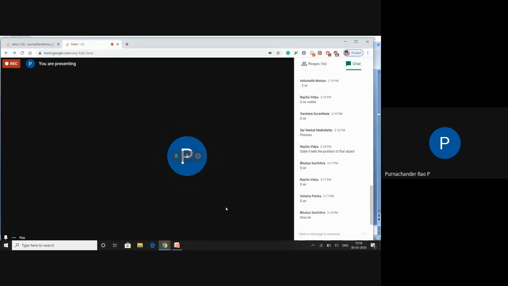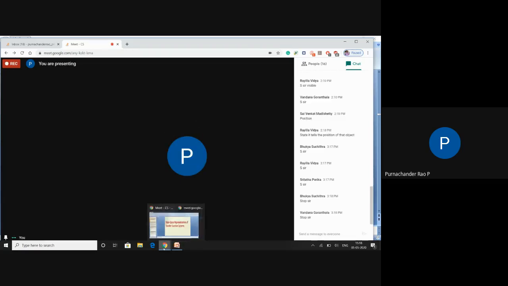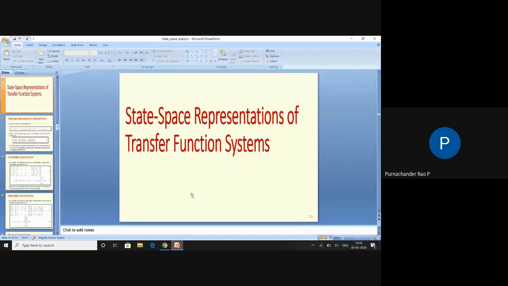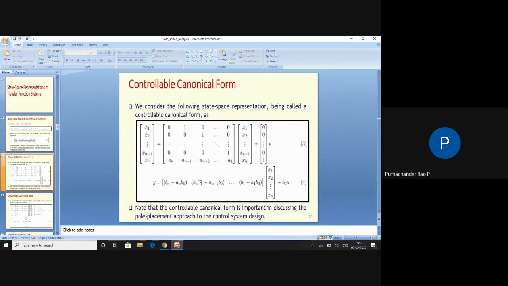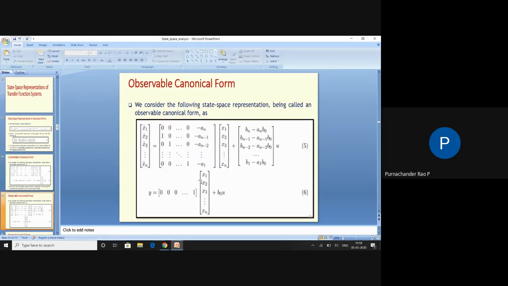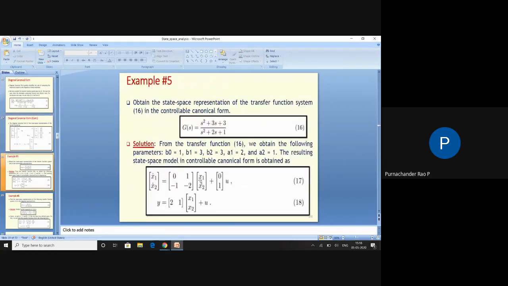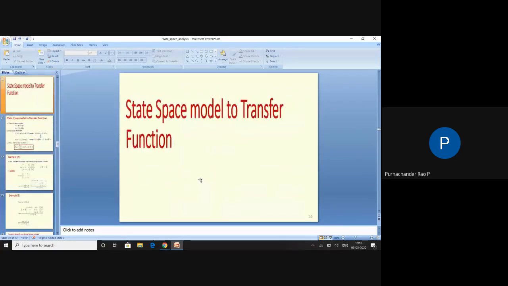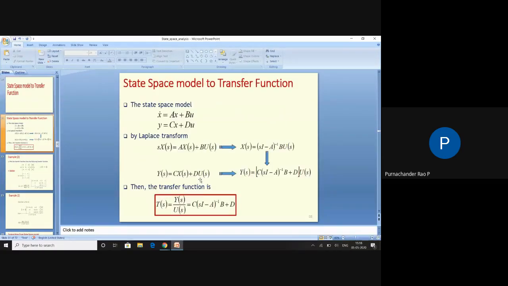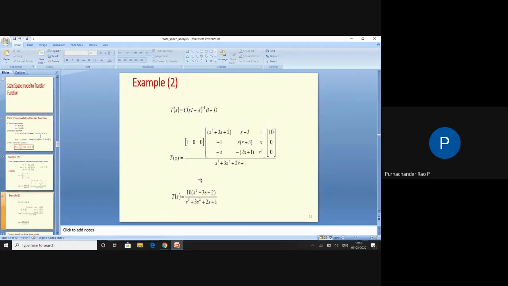Okay. So it takes 2 more hours to finish this. So once again, you go through this. We'll see the state space representation for systems in canonical forms. After seeing this, we'll see the state space model to transfer function model.